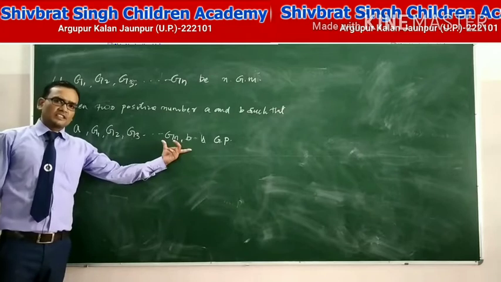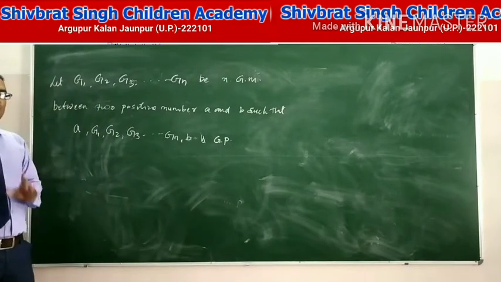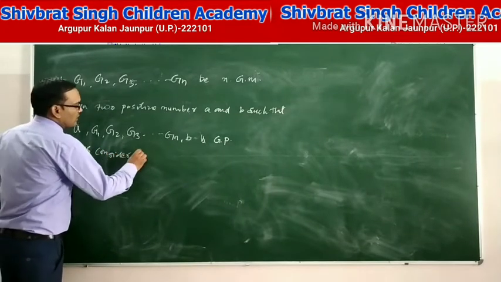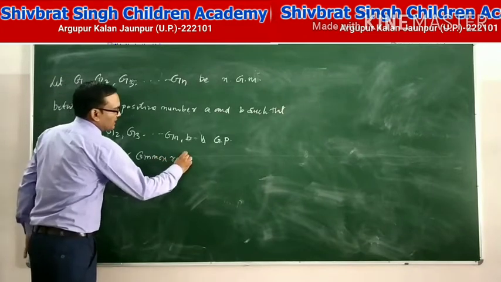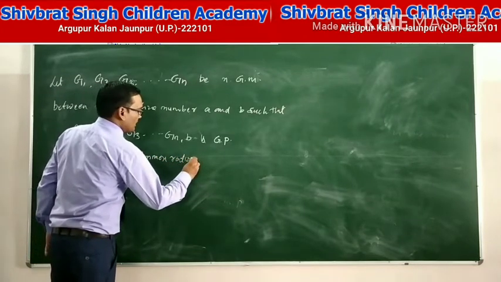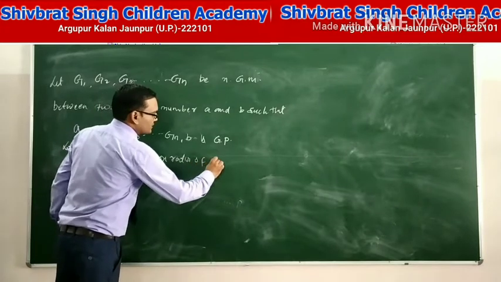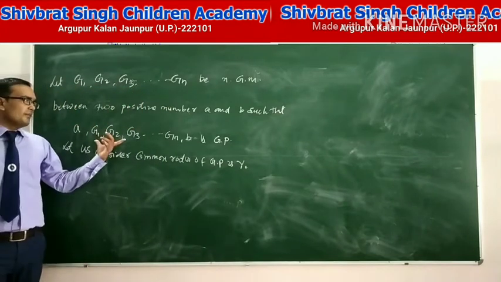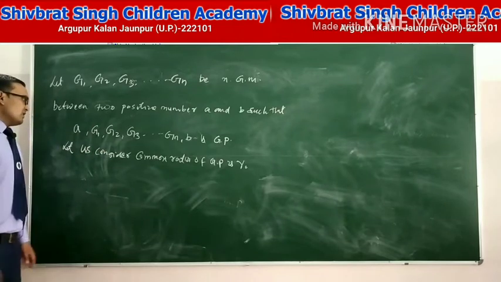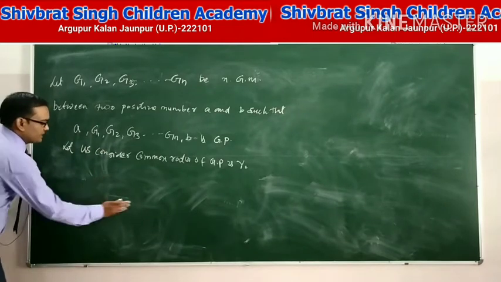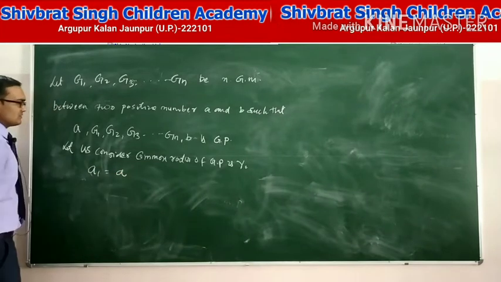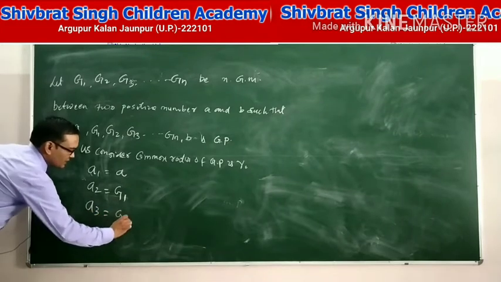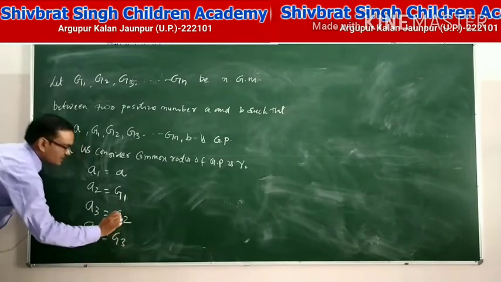Let us consider the common ratio of the GP is r. The first term of the GP, a1, is equal to A, the second term of the GP is G1, the third term is G2, and the fourth term is G3.